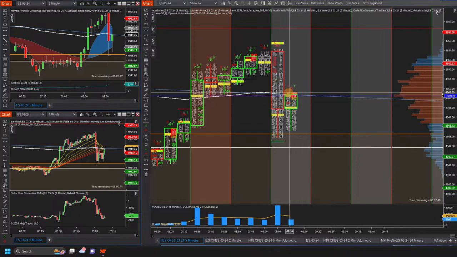Okay, looks like we're getting a... So far, as far as I can tell, unless delta flips here and we get a nice hard push, this is a dead cat bounce.